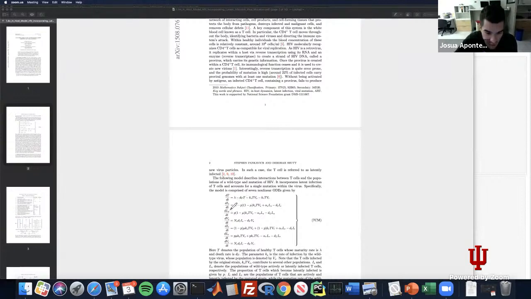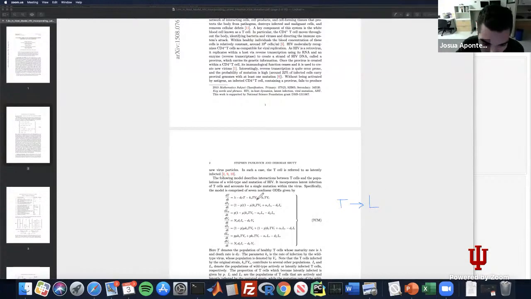You have the standard model where target cells become infected, and then these infected cells become latently infected, because in HIV the infection model works a little bit differently.